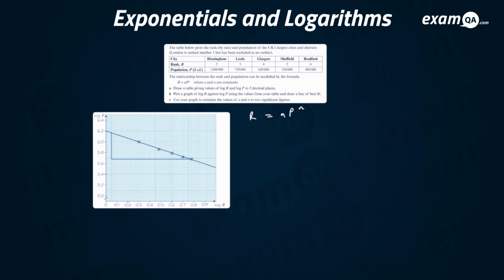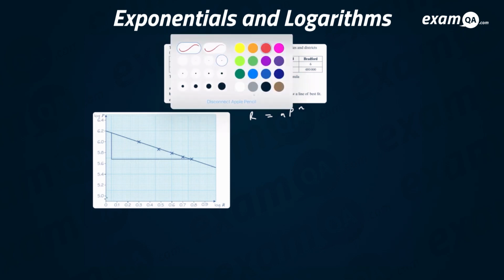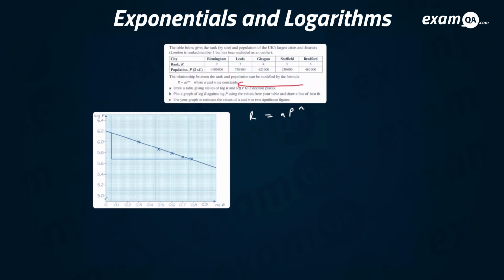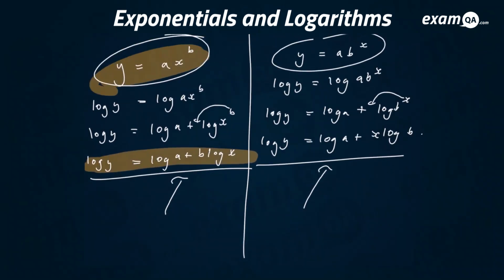Can you see that? That's literally what they say in the question, where a and n are constants. That means r and p, the other two letters, aren't constants, right? They are variables.